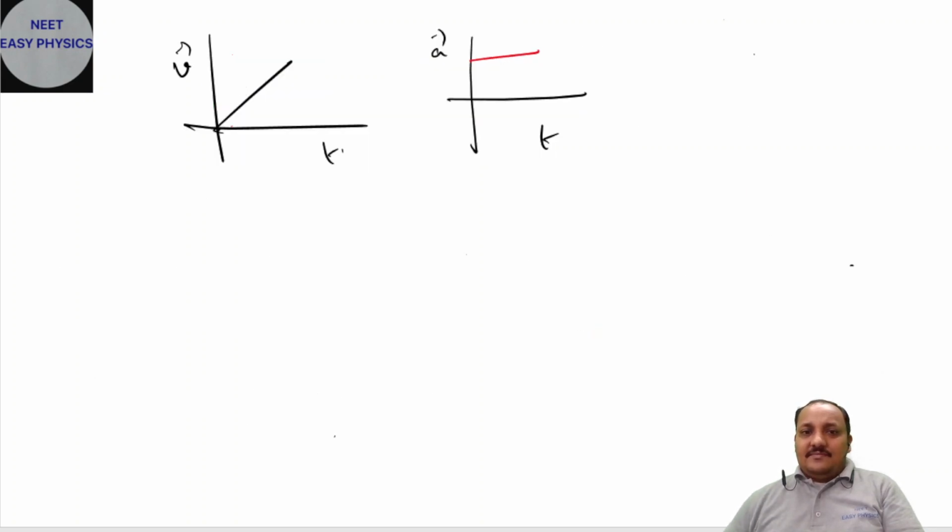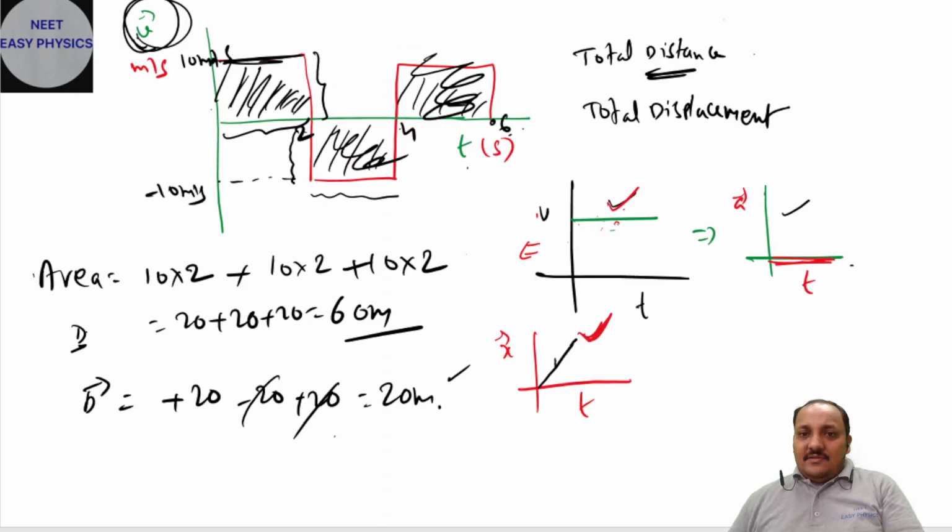Now see here. For this graph, the previous graph will be like this. But here it is acceleration-time, therefore the previous graph is velocity-time. Now here the first graph is velocity-time, therefore its previous graph is displacement-time. So like this it is going to come. If you remember, you can do it very easily.